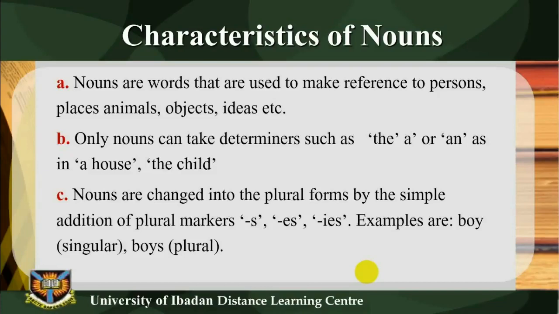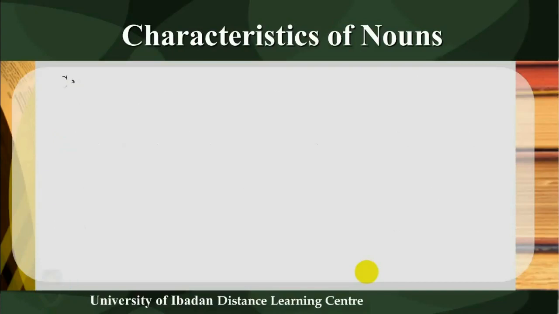C. Nouns are changed into the plural forms by the simple addition of plural markers: s, es, ies. Examples are boy, singular, boys, plural.